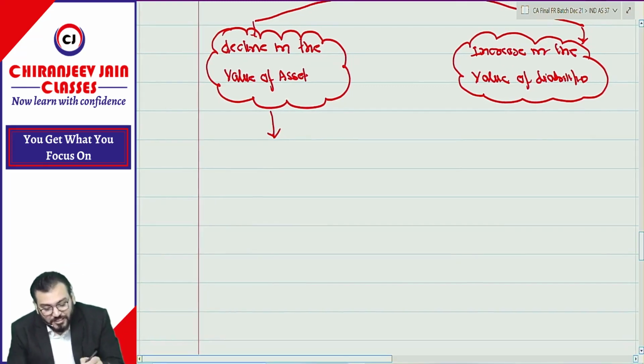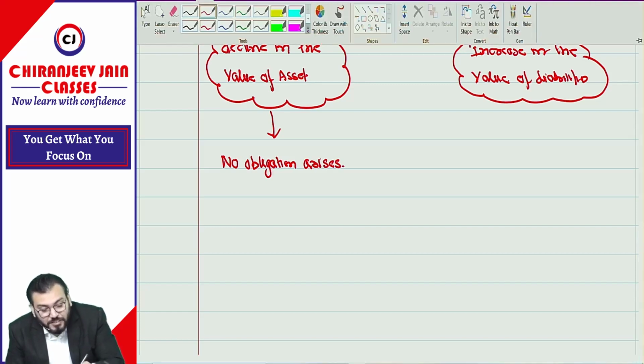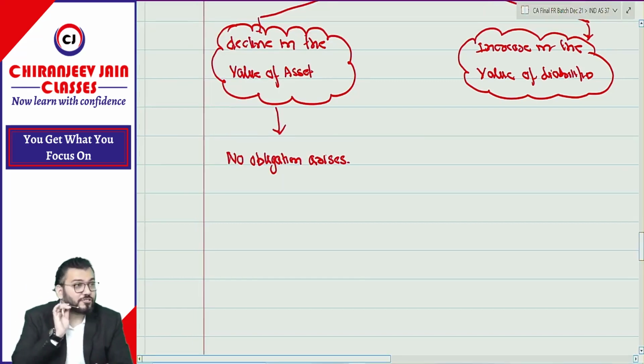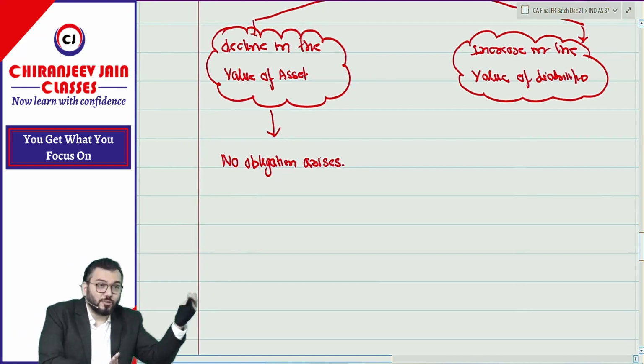Correct. So it means, can I say when I am saying decline in the value of asset, no obligation arises. When I am saying obligation, it means outflow of cash or any resource in future.